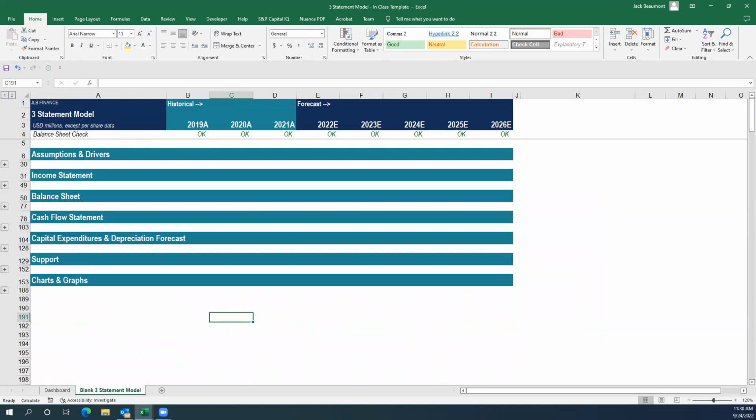Cool. So that is the first part of Unit 2 for our three-statement model, and we did build a whole three-statement model there. I guess I didn't add earlier that this historical information would always be provided to you, or you would have sourced this from a reputable source. Like, this is a public company, you could get this from their 10Ks.